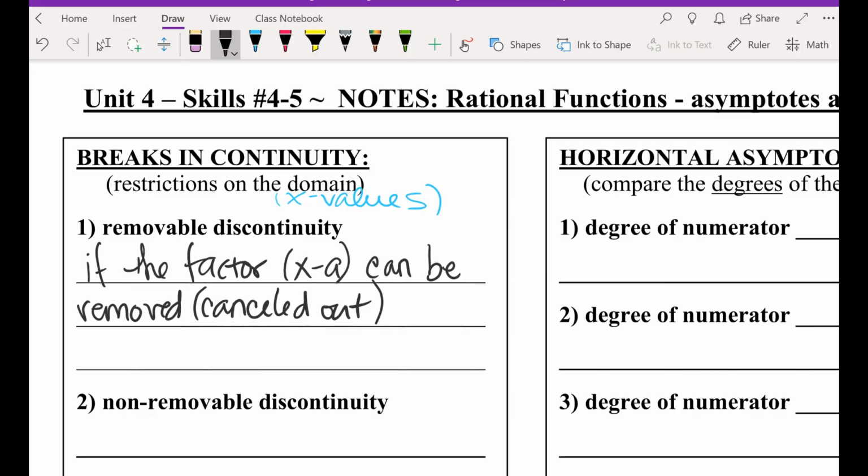So if it can be removed, then we'll solve x minus a, and x equals a is a hole in the graph, which makes sense for it to break up the continuity of our function. If there is a hole, well, of course, it doesn't exist there. Okay, so that is a removable discontinuity.